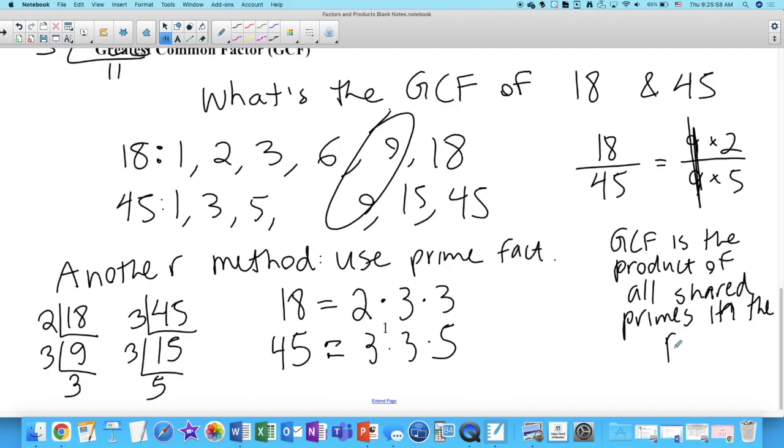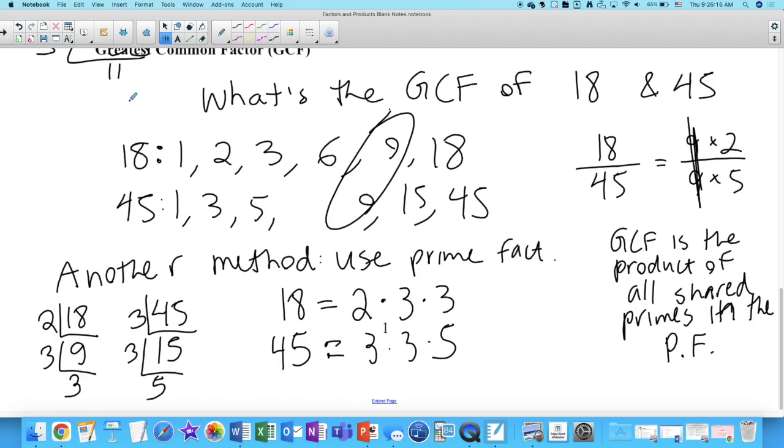Okay, so when I'm looking at this, what I do is I just start with the first one, and I underline the shared primes, right? So I say, okay, this one has a 2 in it. Does this one have a 2 in it? No, so that's not shared. I can't put that in my greatest common factor, okay?